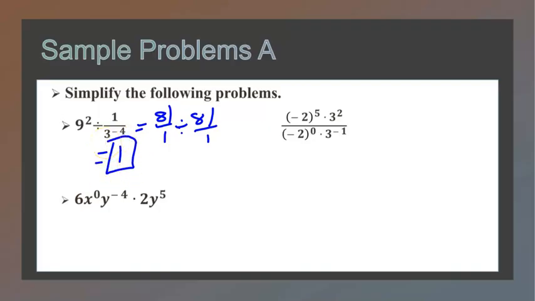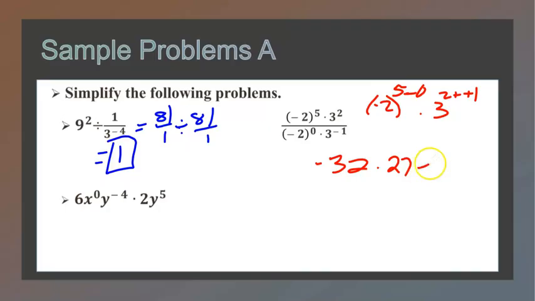Next, we have negative 2 as a base. So that means I have negative 2 to the 5th minus 0, times 3 to the 2nd minus a negative 1. So negative 2 to the 5th power is negative 32, times, this would be 2 plus 1 is 3, so 3 cubed would be 27. So now I have negative 32 times 27.